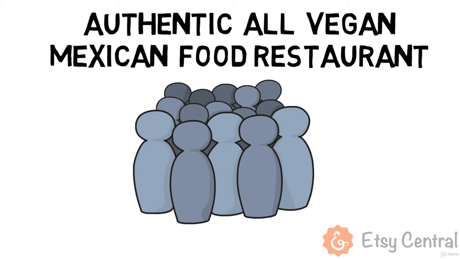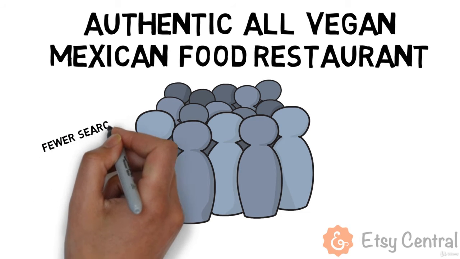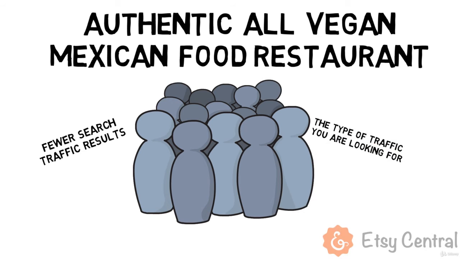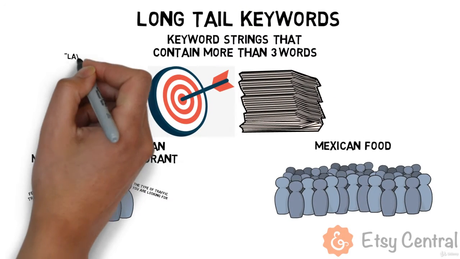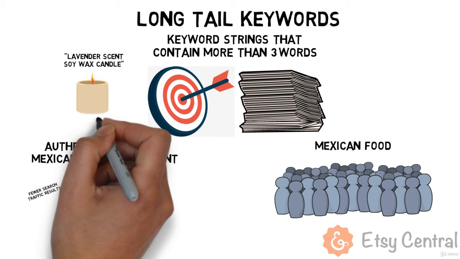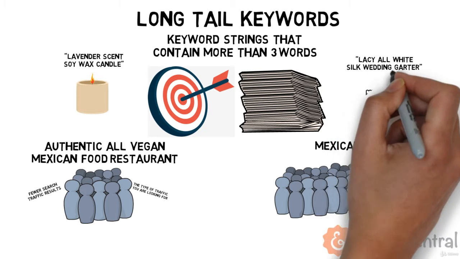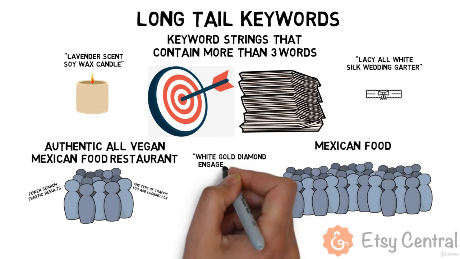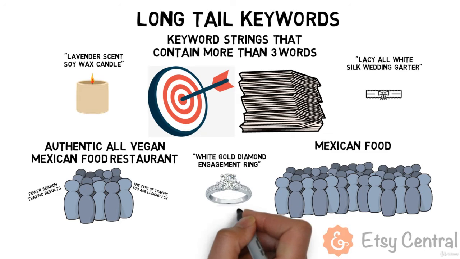Similarly, in terms of SEO, you may not bring in as much search traffic from long-tail keywords, but the traffic you do bring in is the kind you are looking for. Examples of long-tail keywords include lavender scent soy wax candle, lacy all-white silk wedding garter, or white gold diamond engagement ring.